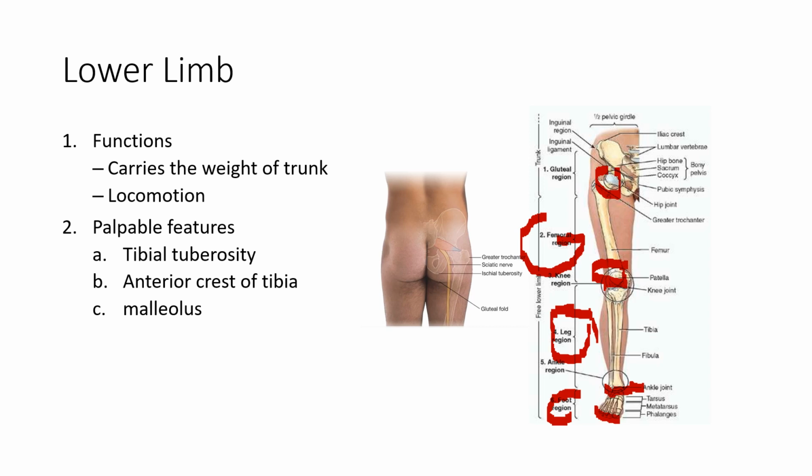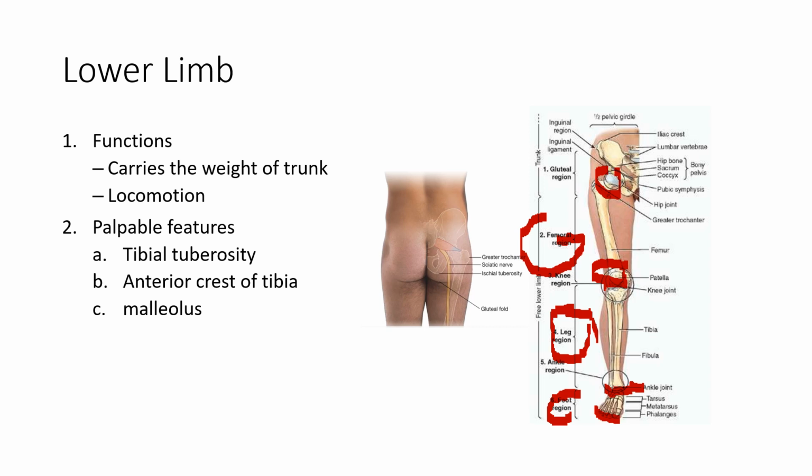The femur bears the weight of the pelvic girdle and the entire axial skeleton, in addition to the pectoral girdle and the upper limbs. So all the bones from above will pass the weight down onto the femur.